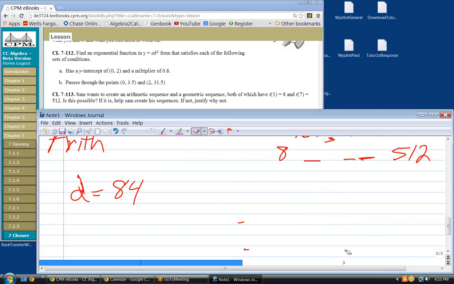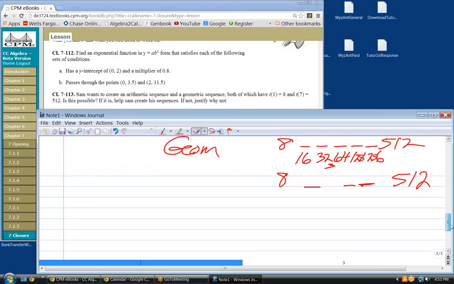As long as we're talking sequences, let's go over the geometric sequence that we just wrote also. This sequence right here, yeah. In other words, this means the first term is 8, second term is 16, third term is 32, up to a seventh term of 512.